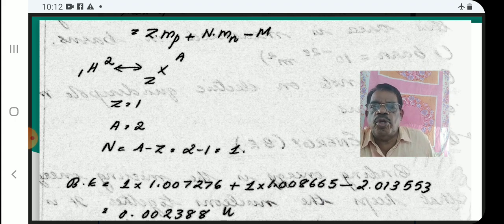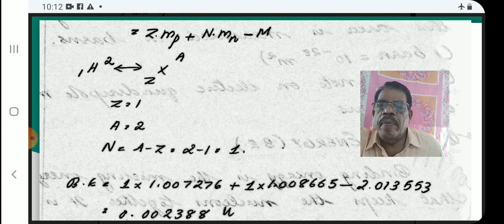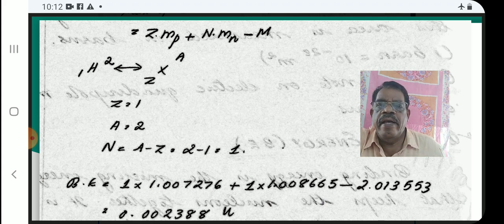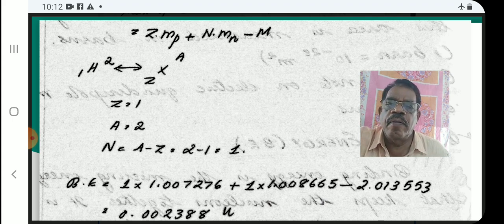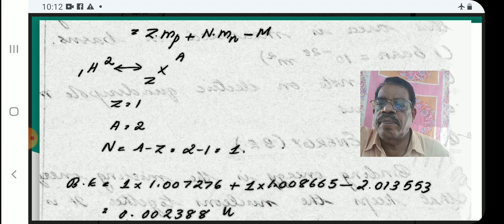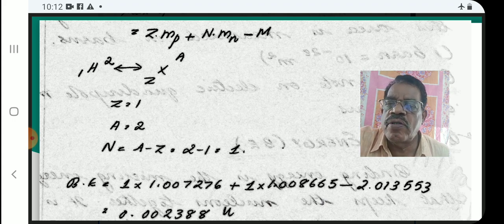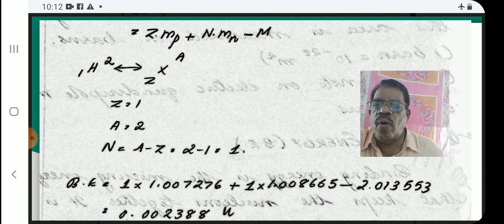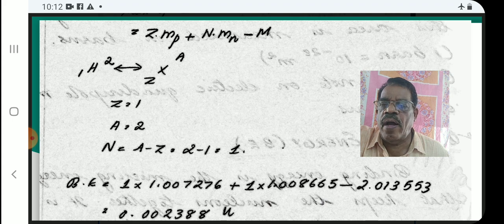And you know Z is atomic number, N is neutron number, Mp is mass of proton, Mn is mass of neutron, and M is the mass of the given nucleus. So we compare with the usual symbol ZXA: Z is 1, A is 2, and N is A minus Z, 2 minus 1, is 1.